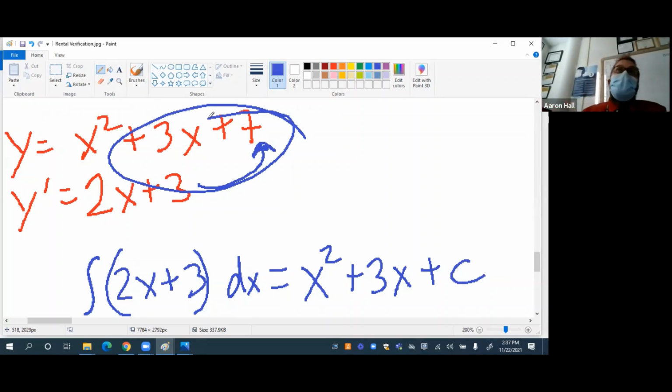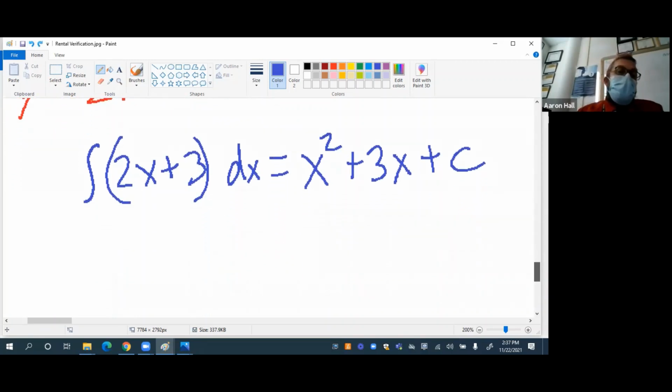In a real world application, though, wouldn't it be crucial to know that? So how would you use the integral in this case? A lot of times we use what's called the fundamental theorem of calculus, and we're going to evaluate.